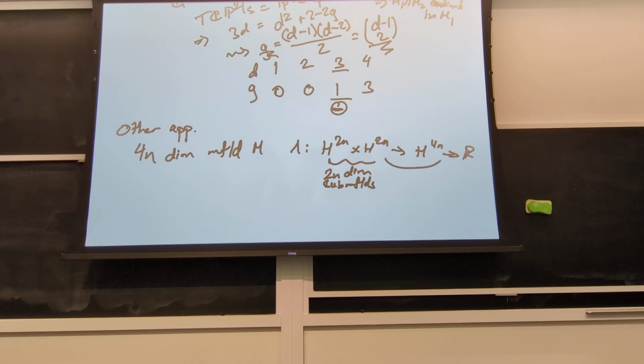And this composite map, this is integration, and this composite map is the intersection pairing.